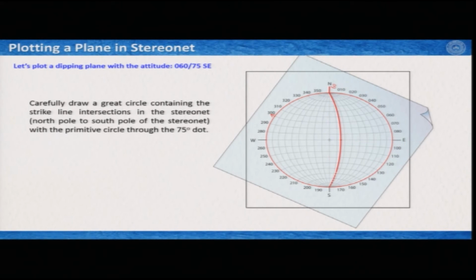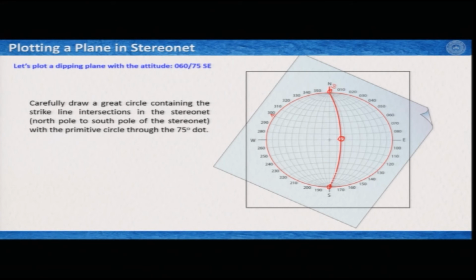Now, this task requires a little skill, but with practice you can do it very easily. What you have to do is carefully draw a great circle containing the strike line intersections, that means your north pole and south pole and the 75 degree dot that you have made in the previous step. These other great circles which are printed below would guide you to draw the great circle.